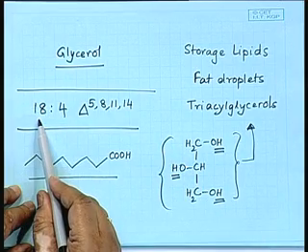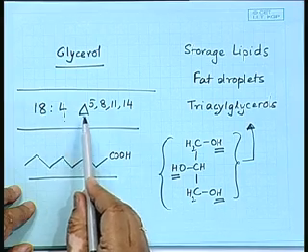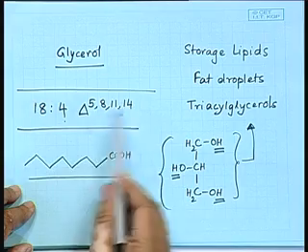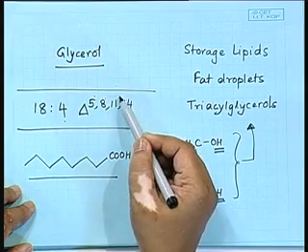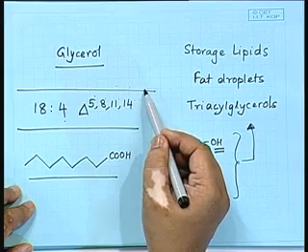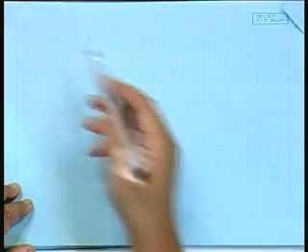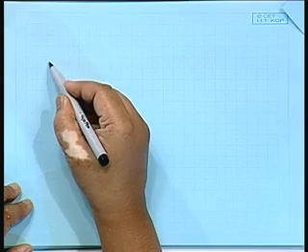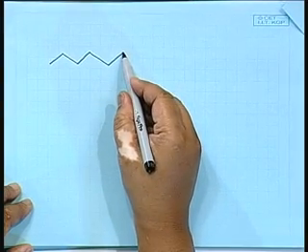The 18 stands for the number of carbon atoms, the 4 stands for the number of double bonds, and these are the positions of the double bonds from 5 to 6, 8 to 9, 11 to 12 and 14 to 15.